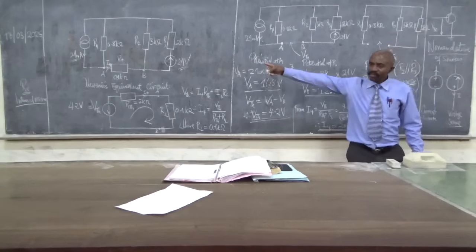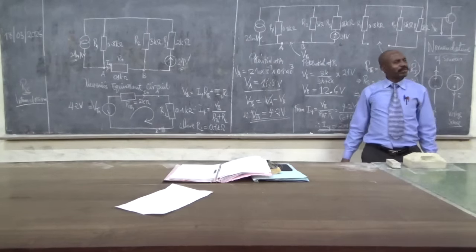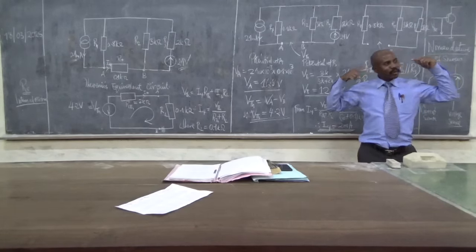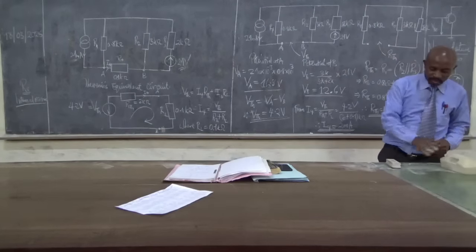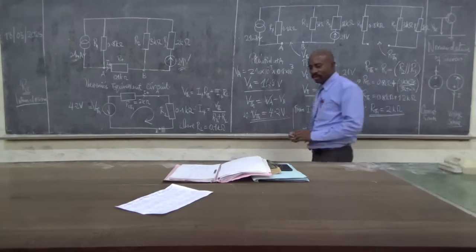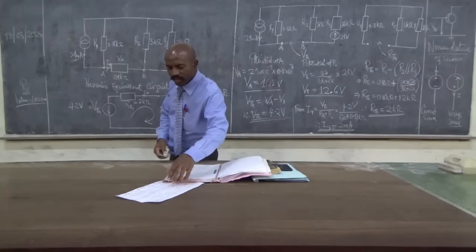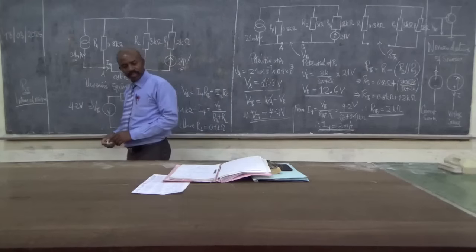If you get anything above an ampere, you should question it. I want you to have a questioning mind, not cramming machines. I want you to be inquisitive. Say, why am I getting this in the first place?